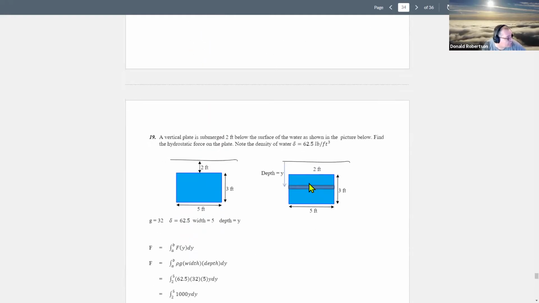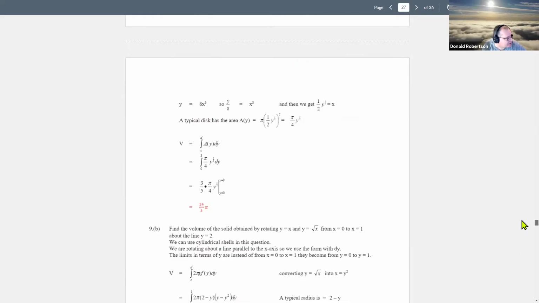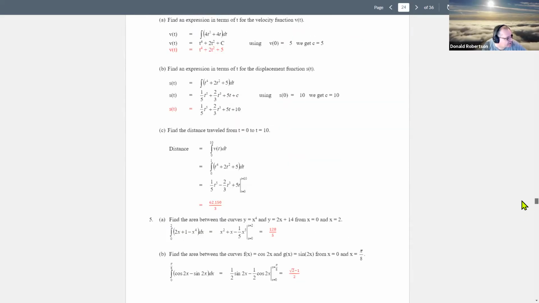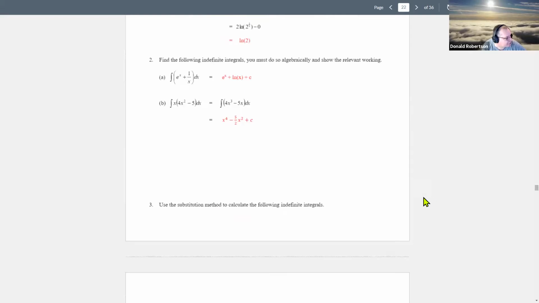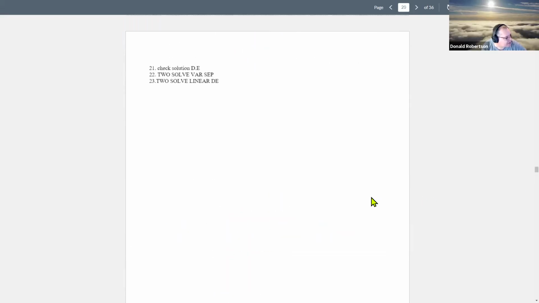And what's missing? I haven't done the last chapter yet, the differential equation stuff. I've done the multiple choice parts for it, but I haven't quite got there yet.